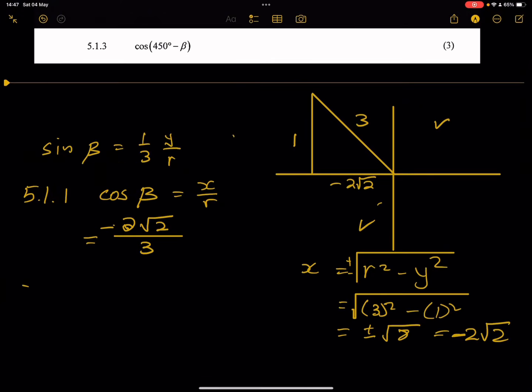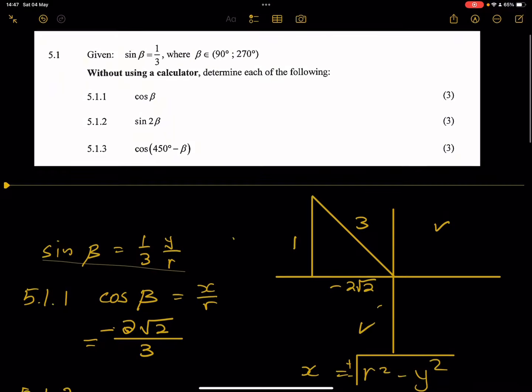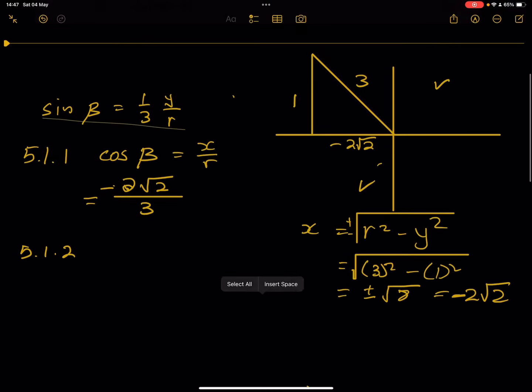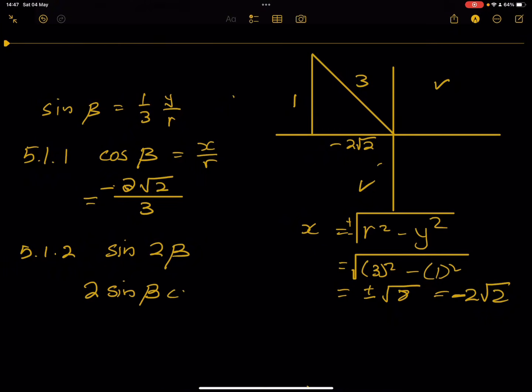So let's take that a little bit further down, just to create some space. So 5.1.2, it said we need to find sine of 2 beta. So remember, sine of a double angle, we need to know our double angle identities, right? It's 2 sine beta cos beta. So that's 2 times, we know sine beta is 1 over 3, right?